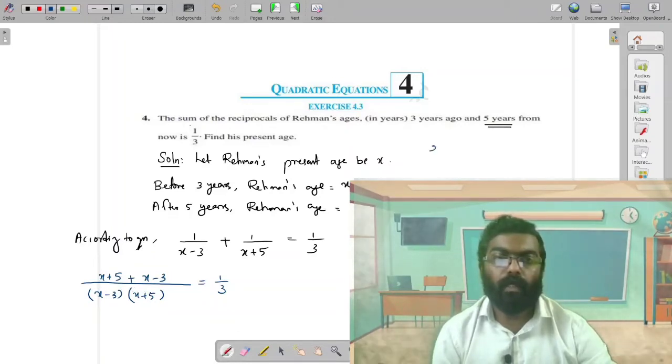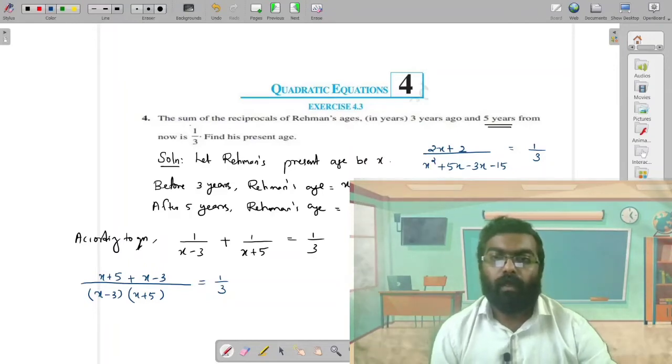So we can write 2x plus 2 divided by the denominator: x square, then x into plus 5 is 5x, minus 3 into x is minus 3x, minus 3 into plus 5 is minus 15. That is 2x plus 2 divided by x square plus 2x minus 15 is equal to 1 by 3.